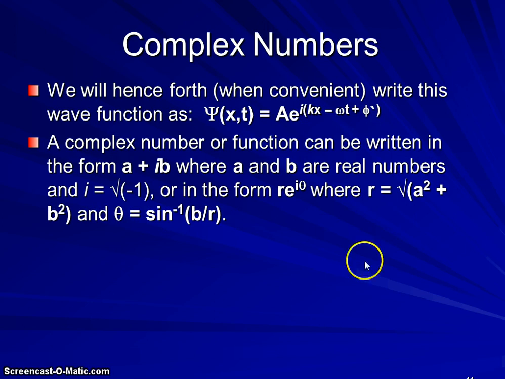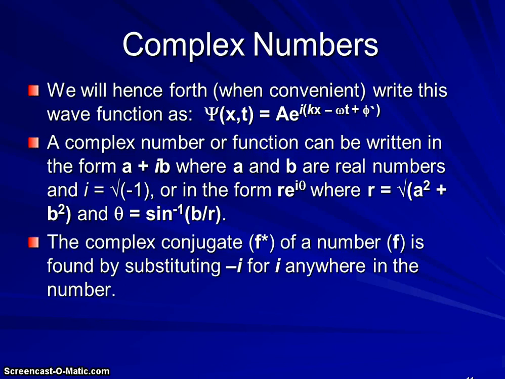A complex number or function can be written in the form a plus ib, where a and b are real numbers and i is the square root of -1, or those numbers can be rewritten as r times exponential i theta, where r is the square root of a squared plus b squared, and theta is the inverse sine of b over r. And so we can convert one to the other.